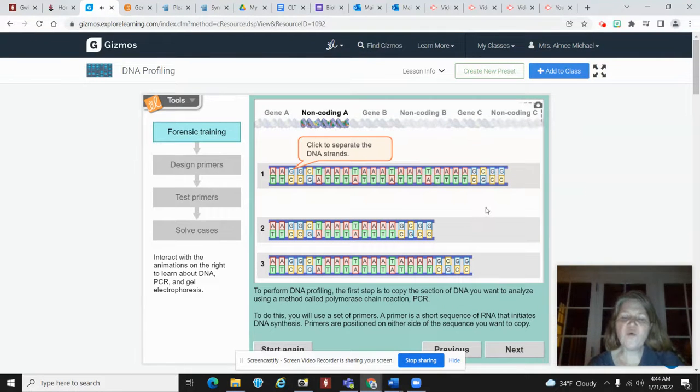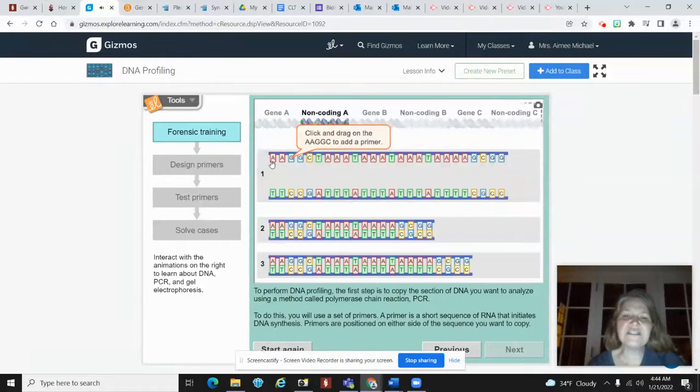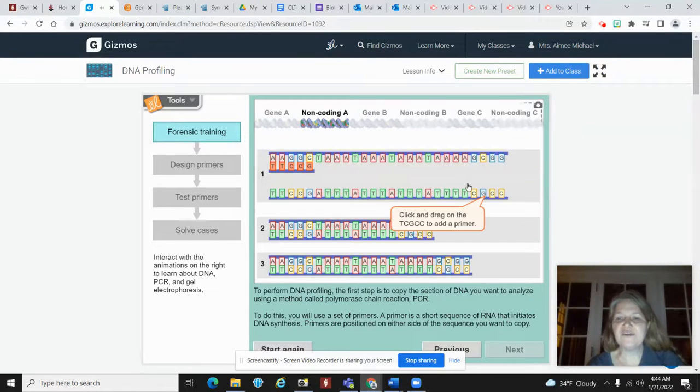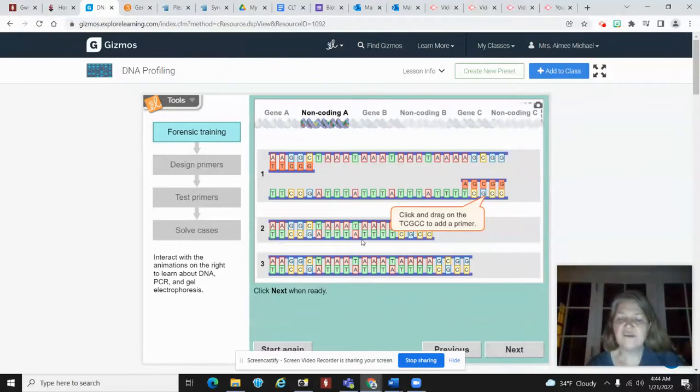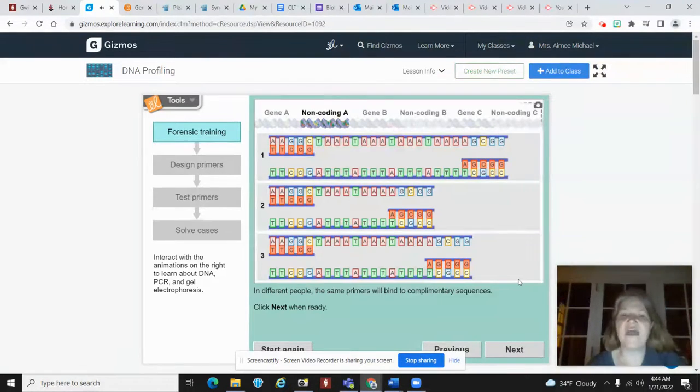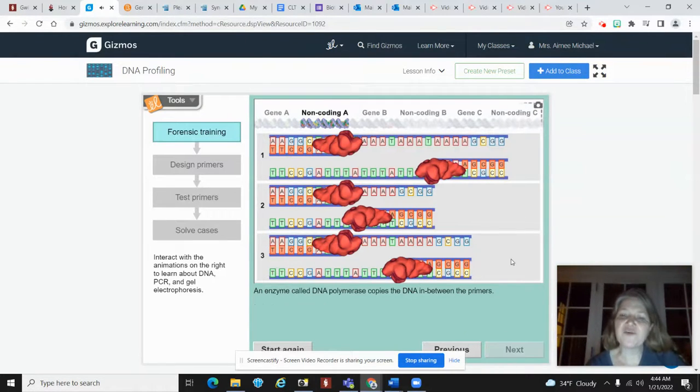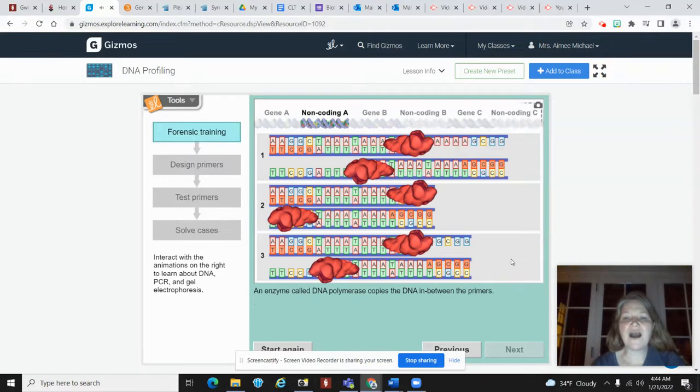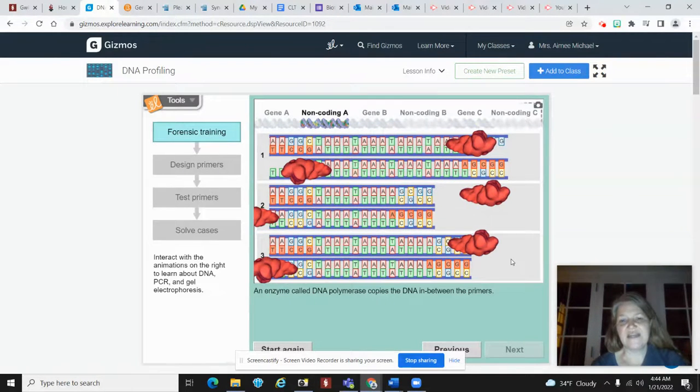In order to view these non-coding regions, we have to copy the DNA, and we do that using what's called primers. Those primers are just on the ends of the non-coding sections, and we have DNA polymerase coming in to make copies of that DNA strand.